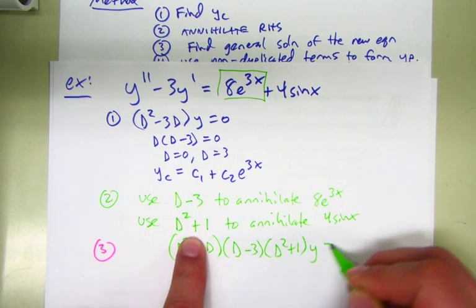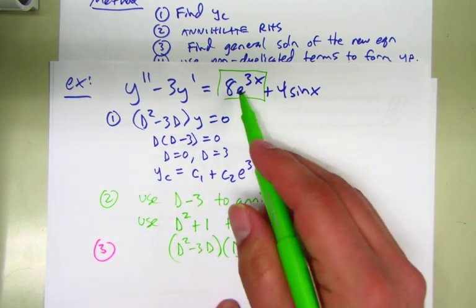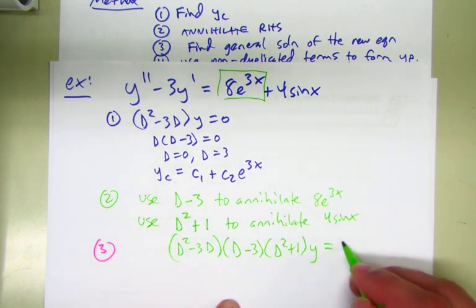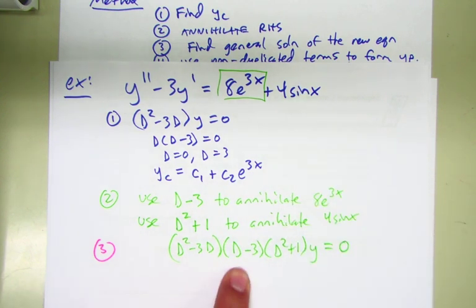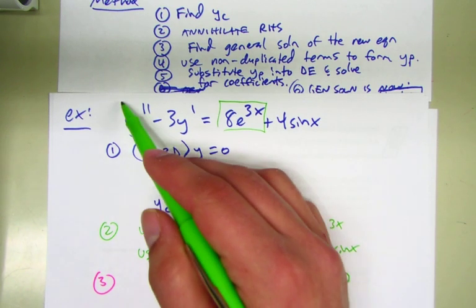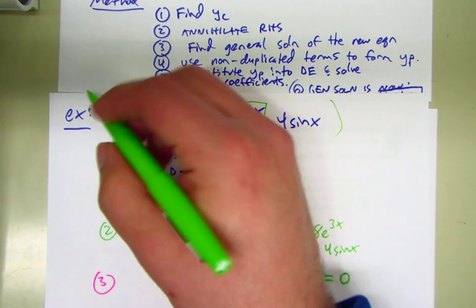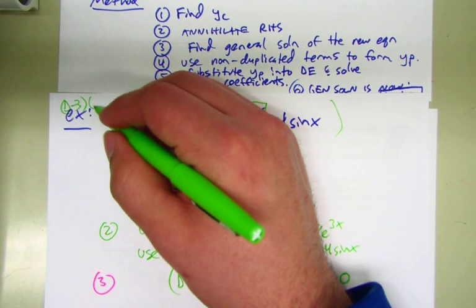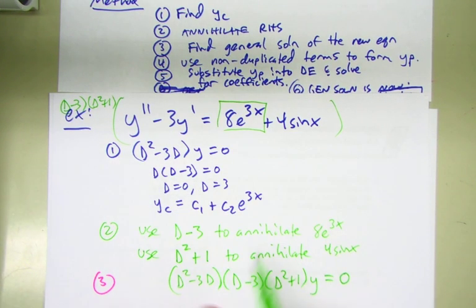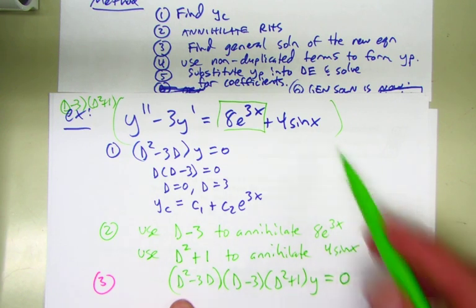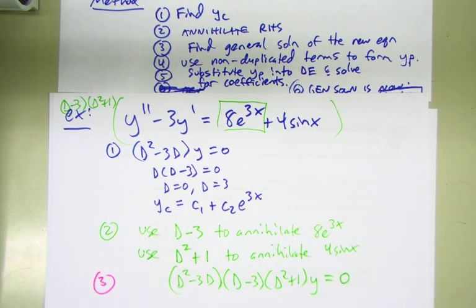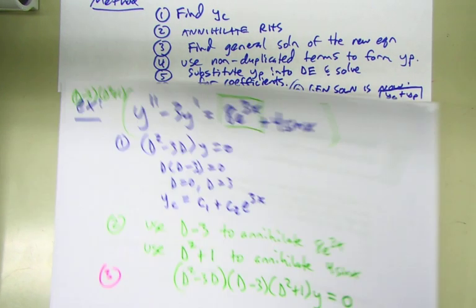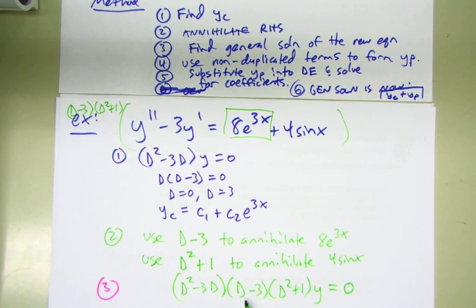And that is how we get 8e to the 3x plus 4 sine x to cancel out. Okay, because remember, we're applying to the whole equation these new operators, d minus 3 and d squared plus 1. And that gives us this on the left-hand side, and on the right-hand side we get 0. You don't have to verify that. At this point, you know that that's what's going to happen. All right. Once you have this written out, let me just write it out as d times d minus 3.